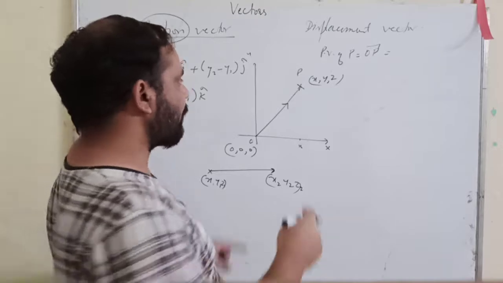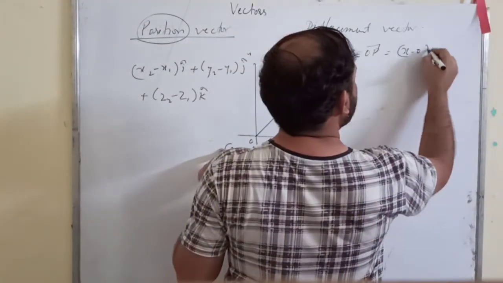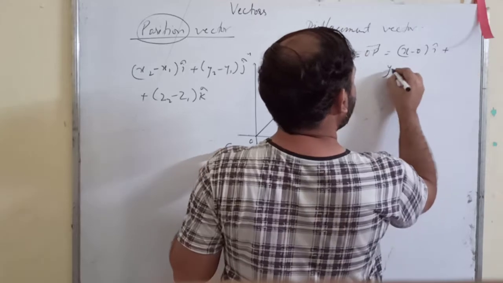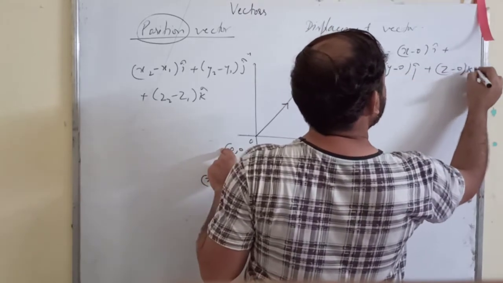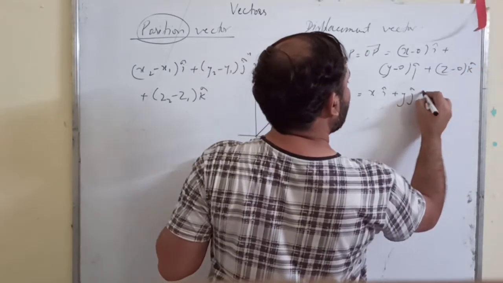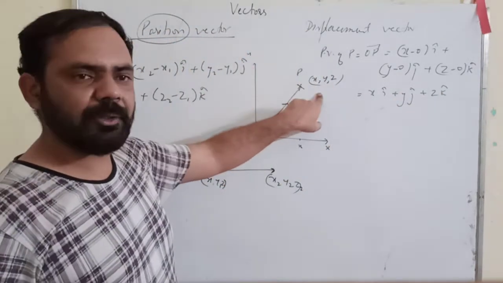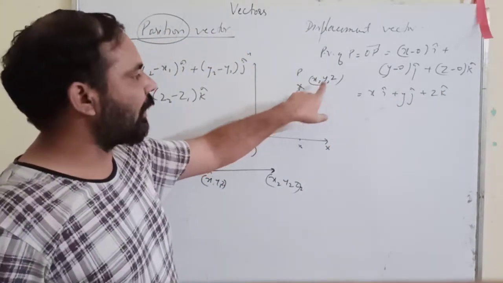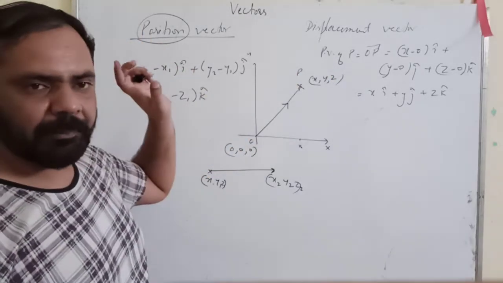OP vector equals (x minus 0) i cap plus (y minus 0) j cap plus (z minus 0) k cap. So x i cap plus y j cap plus z k cap. Simply with the coordinates you write i, j, k. That will be your position vector, right?